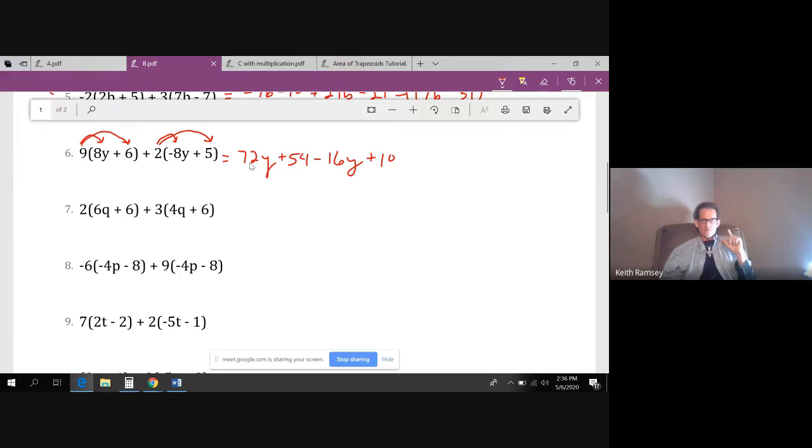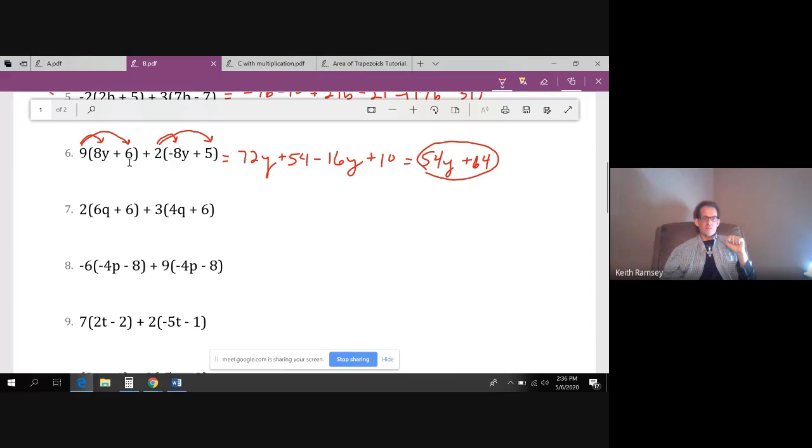Y's go together. So 72 minus 16 is going to equal 56y. And then I have 54 here plus 10. These are both positive, so I'm going to have 64. So I have a y over here, and there's no variable over here. So 56y plus 64 is simplified. That's as far as I can go.